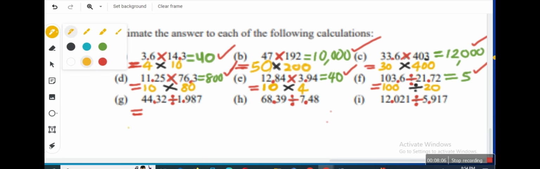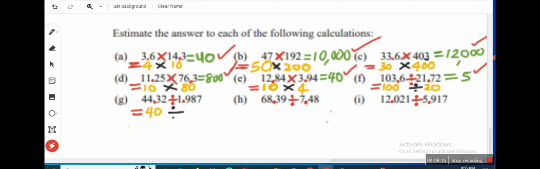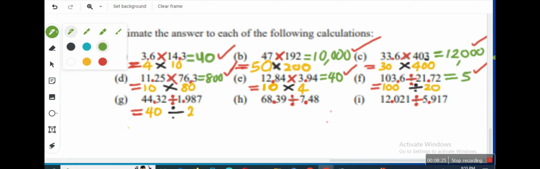I think it will be 40, right? Okay. Let's make it faster. Then I think this one is just 2. So the answer will be what? Answer will be 20. Correct. Let's go H.